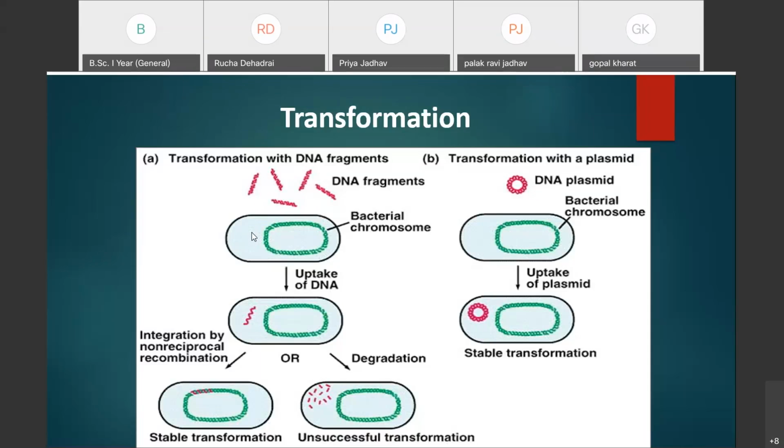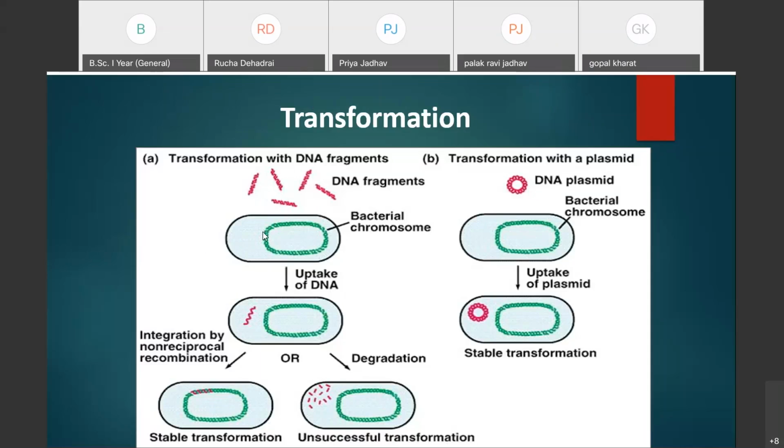And the bacterial cells which have the ability to take the DNA, the genetic material, from the external environment are the competent bacterial cells.